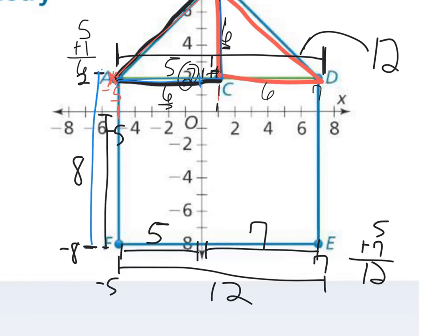And then we're going from 0 to 2, which would be 2. And so 8 plus 2 is 10. And this is 10. The others were 12. So it actually is not a square. It's a rectangle. It's not a square, though, because all the sides are not the same length.